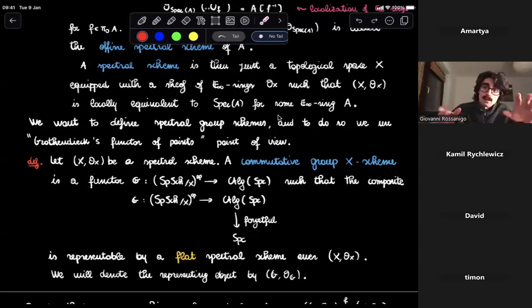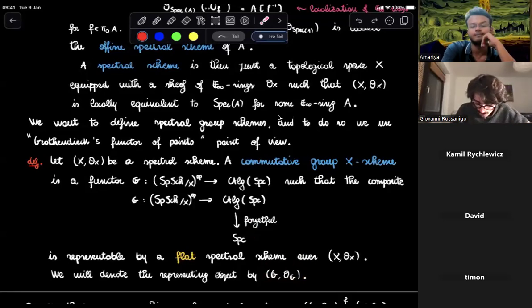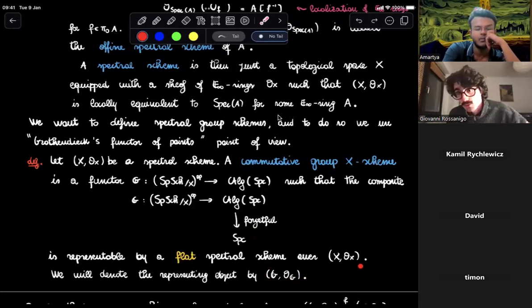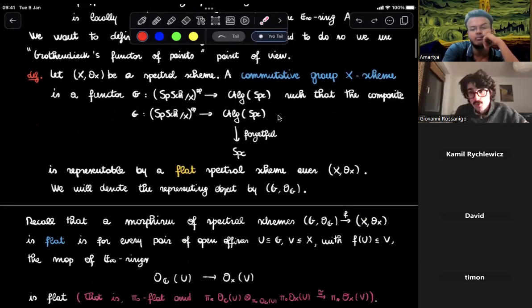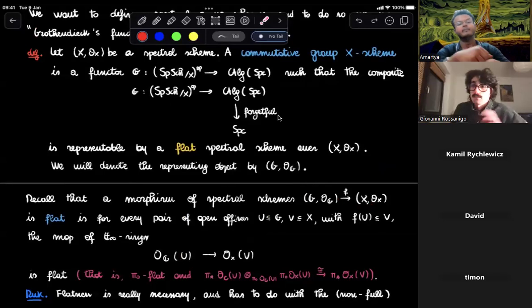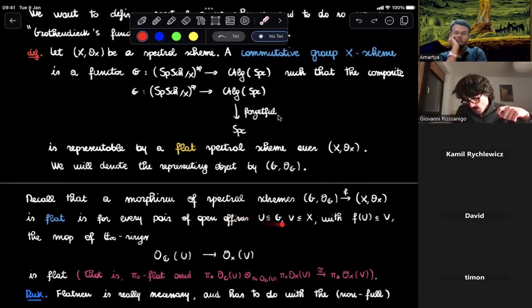Indeed, we will add a further condition: we will require the representing object to be a flat spectral scheme over X, O_X. This means that we have a representing object and a map of spectral schemes, just a map of topological spaces and a map of sheaves of commutative rings, such that whenever we look at open affines in G and X, with the obvious inclusion relation, the map of commutative rings, the one induced by applying the structure sheaf, is flat.